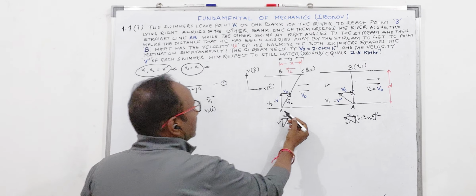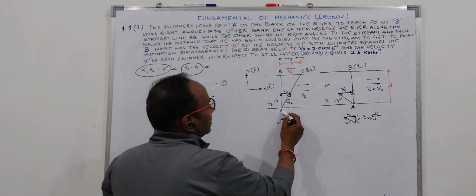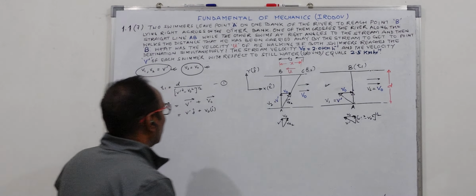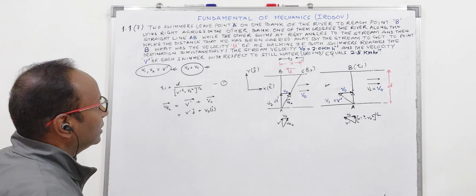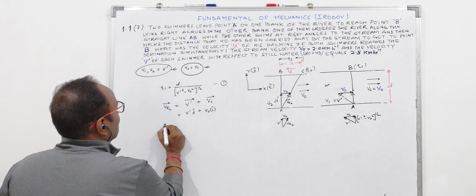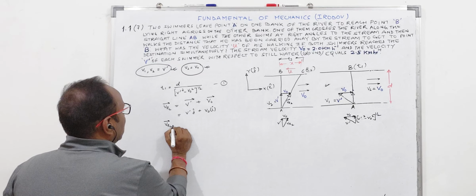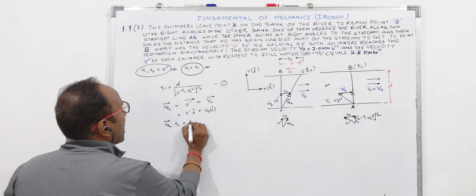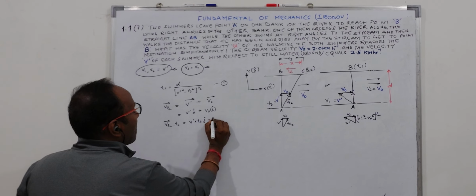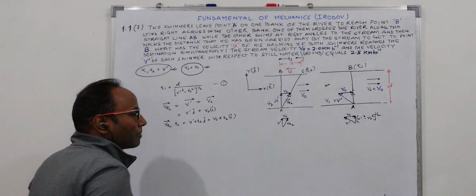Now let's say swimmer 2 takes time T2 to reach C from A. So in T2 time, VR2 into T2 is v dash into T2 j plus v naught into T2 i.